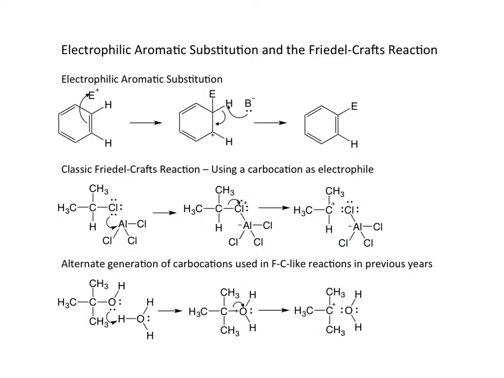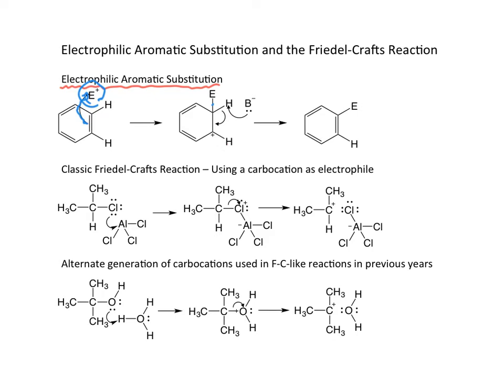So if we just want to review our electrophilic aromatic substitution quickly, we introduce an electrophile. That electrophile attracts electrons from the aromatic system to create a new bond. Right? There's our new bond. That disrupts the aromatic system and creates a carbocation.